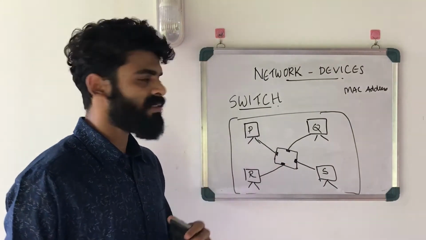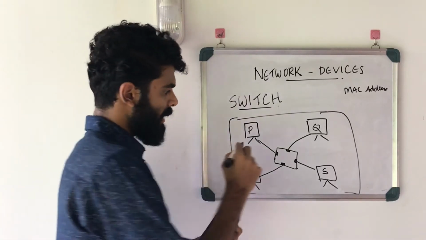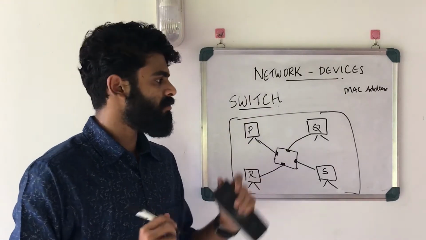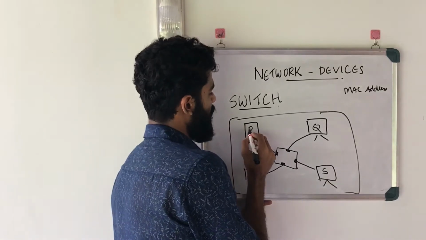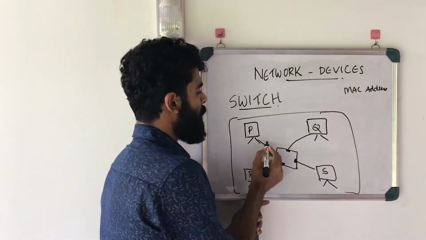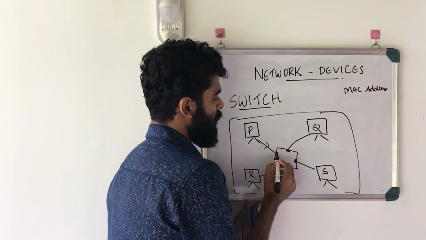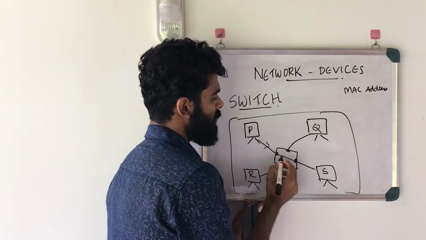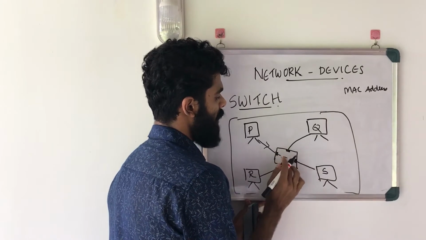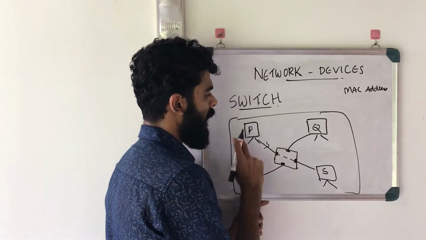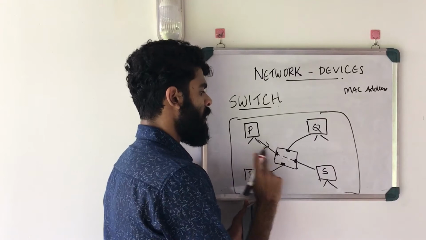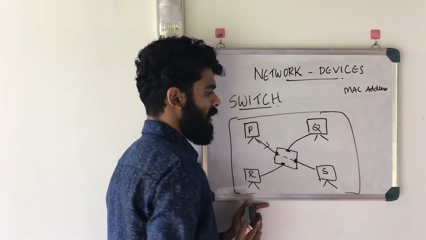So what the switch does is it intelligently memorizes each MAC ID, and when P needs to send a data packet to S, the switch just forwards this packet to S correctly, without having to go through any issues. It identifies which one is S and transfers it directly.